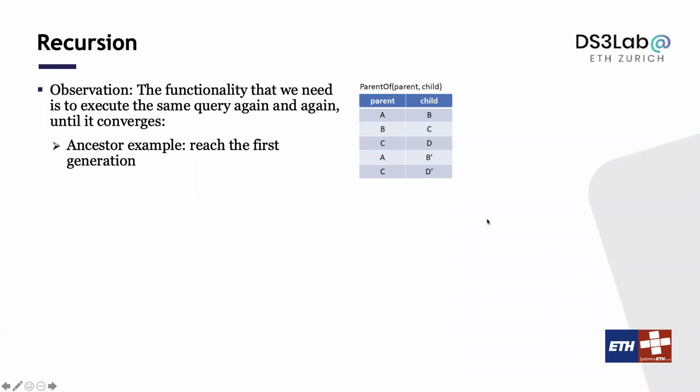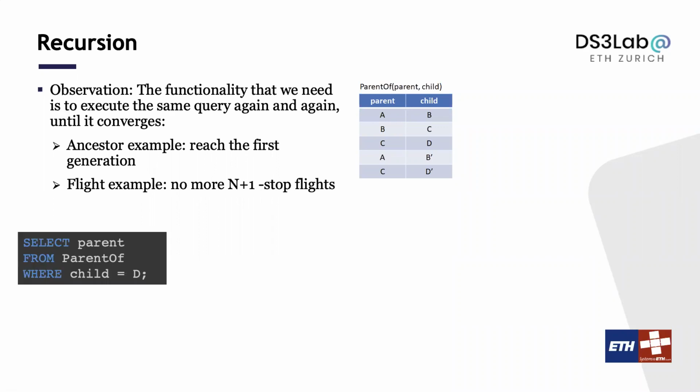So essentially, the functionality we are looking for is to ask the same query again and again until it converges. So let's look at this. In the first time, we are trying to get the parent of D. We can write a query like this.